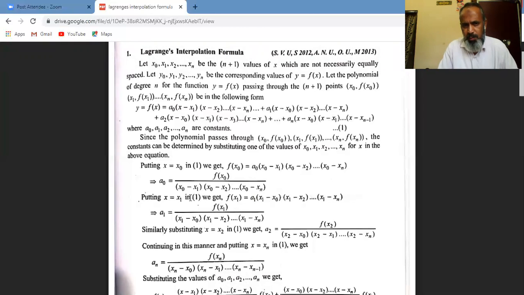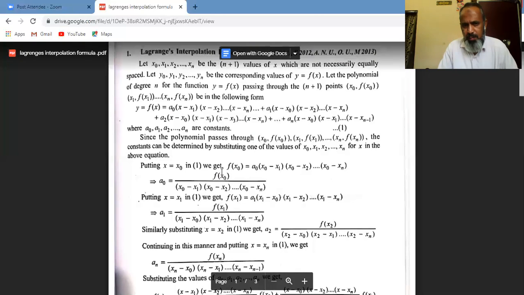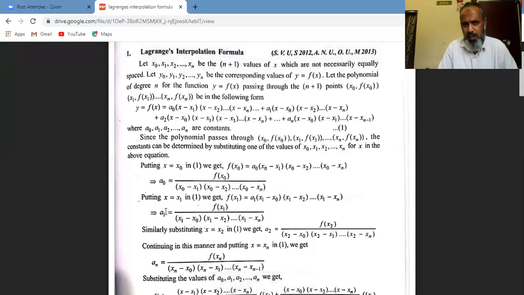Similarly, if we substitute x equal to x1 in equation 1, we will get the second constant, that is a1. So let us substitute here. At x equal to x1, it becomes f of x1, a0 into (x1 minus x1). So this term will vanish. Now in the second term, a1 into (x1 minus x0)(x1 minus x2) up to (x1 minus xn).